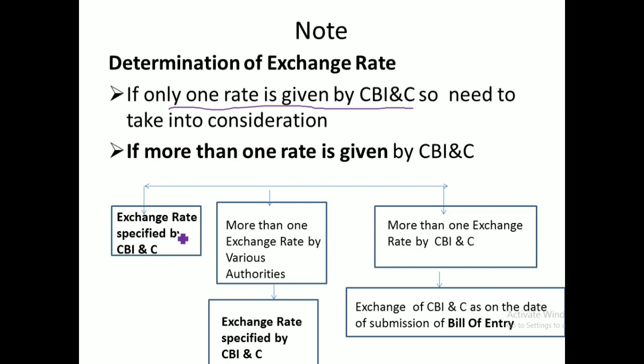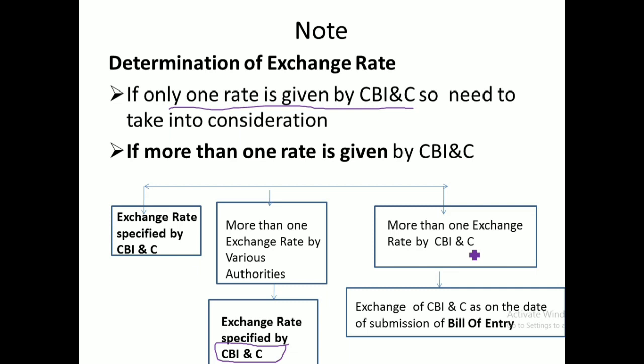The exchange rate specified by CBIC, that we need to consider. If more than one exchange rate has been given by various authorities, let us consider RBI is giving its own exchange rate, financial institutions are giving their own exchange rates, banks are giving their own exchange rates, and CBIC is giving its own exchange rates, in that case we need to consider the exchange rate given by CBIC, that is the Central Board of Indirect Taxes and Customs.